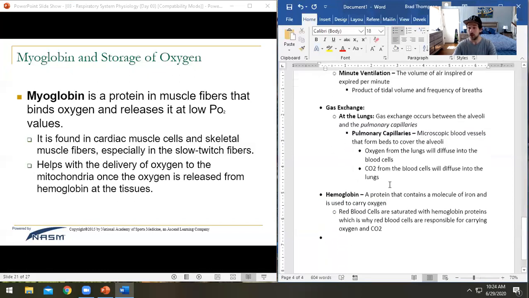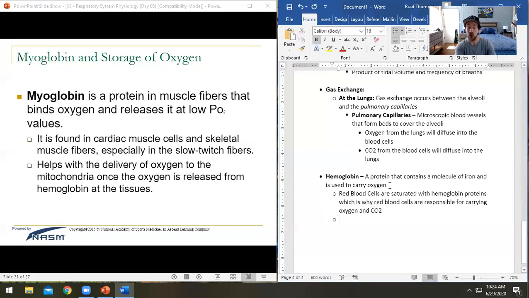Now, you've also got another protein that is also really important called myoglobin. For those of you who have been through our kinesiology class, you might remember me saying, anytime you see the word myo, we are in muscle territory. Well, your muscle cells have a special little protein in them called myoglobin. And it's a protein found in your muscle fibers that also binds and releases oxygen.